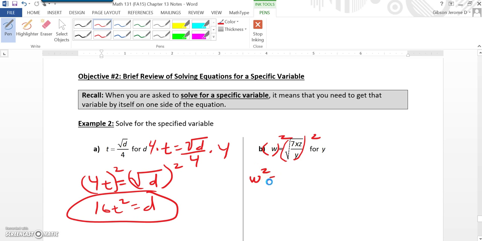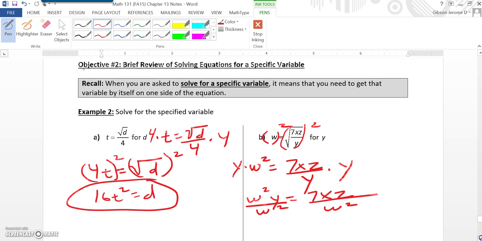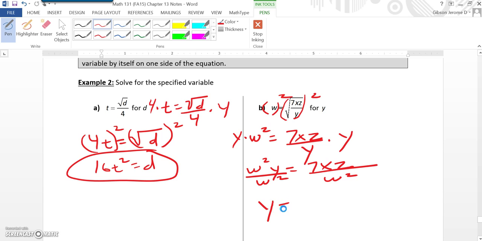So we will have W squared is equal to 7XZ all over Y. Now we can multiply each side by Y. So we'll have W squared times Y is equal to 7XZ. We'll divide each side by W squared. And our final answer would be Y is equal to 7XZ all over W squared.